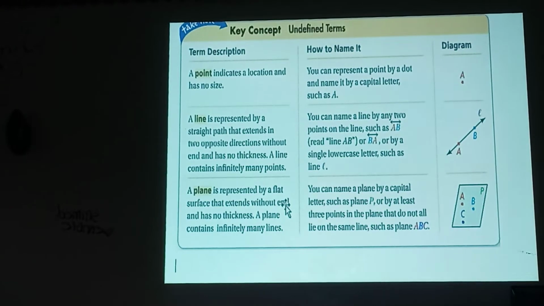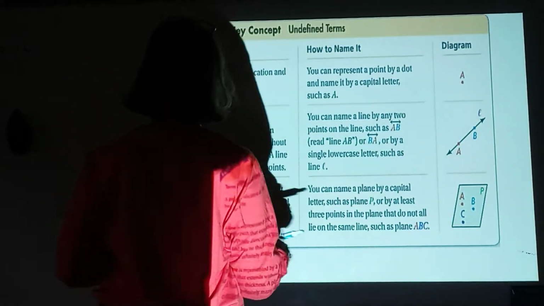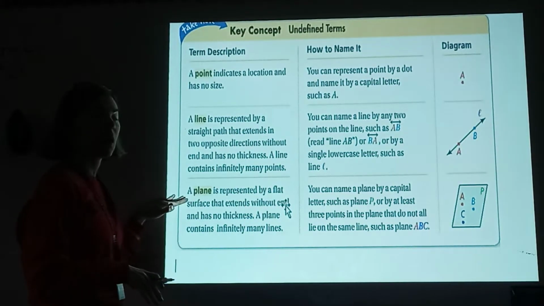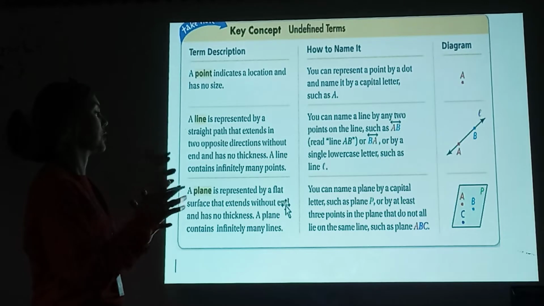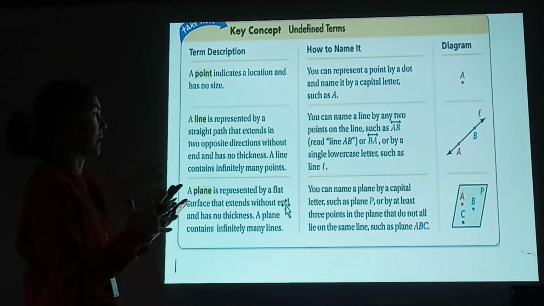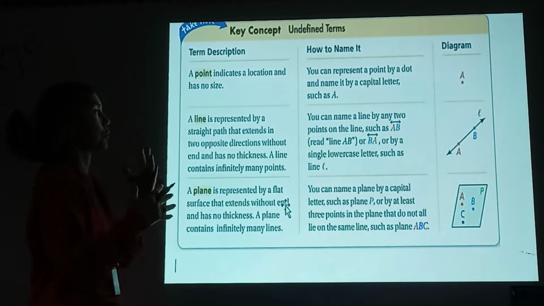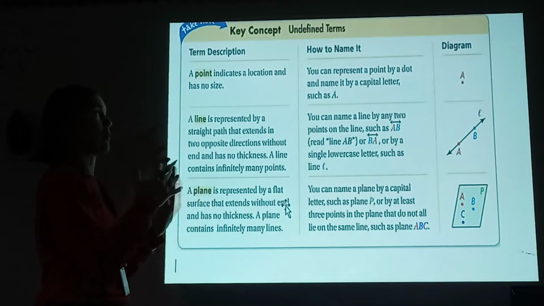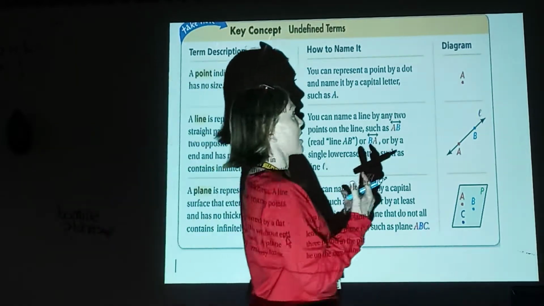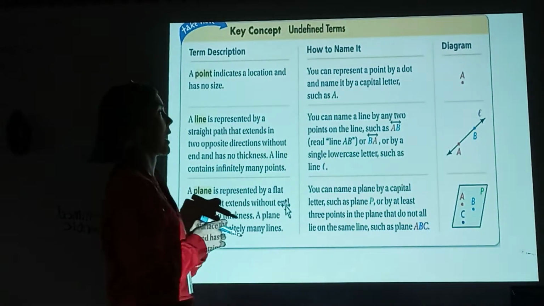Yes, we are. Okay, and so down the left you already wrote point, line, and plane, okay, and so we're going to explain how to read it, recognize it, and write it, okay? So a point is just a location, okay?